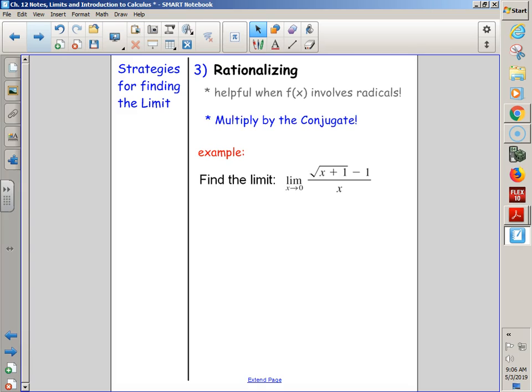If you guys are curious as to why we need this thing called rationalizing, as to why we need this thing called multiplying by a conjugate, look at the example and ask yourself, does plugging in work?